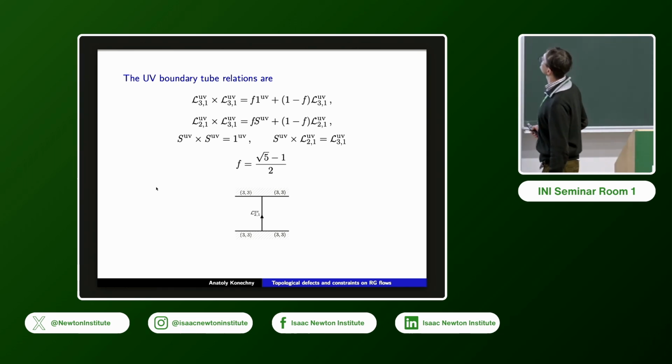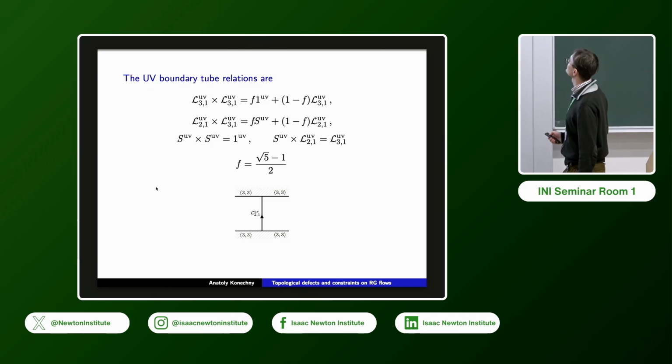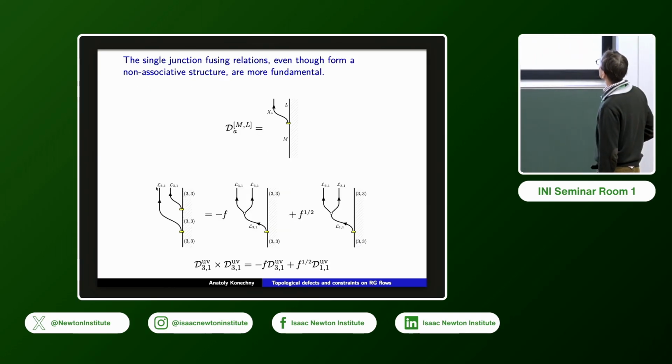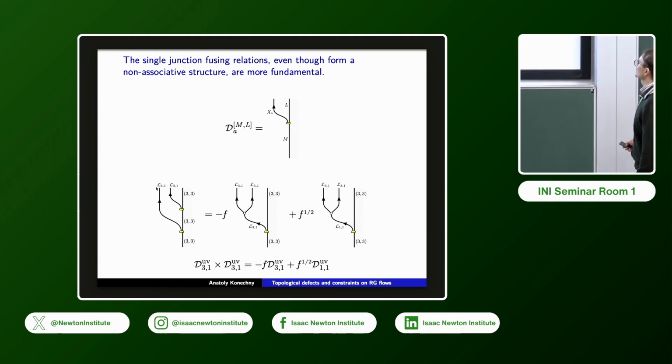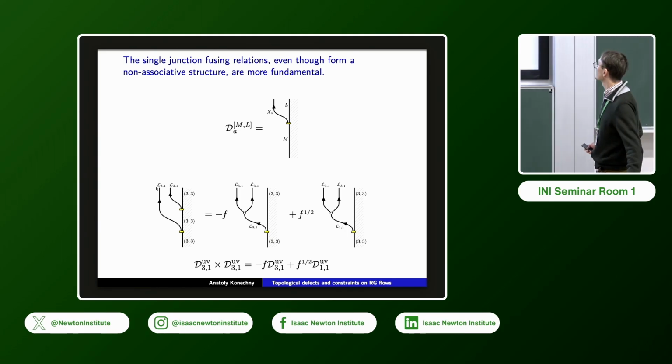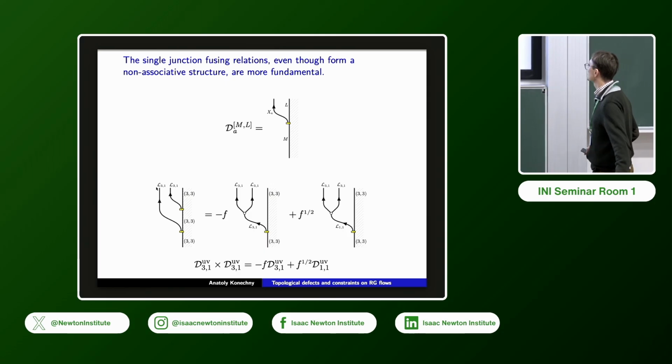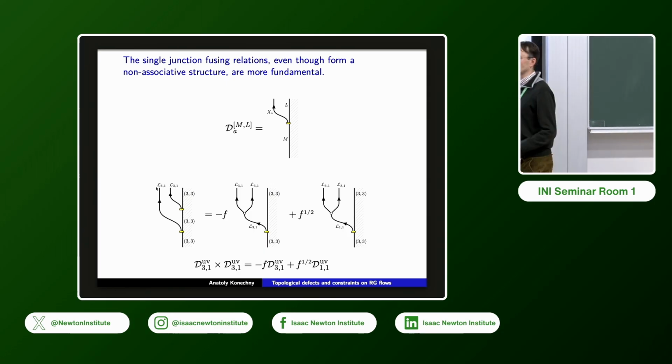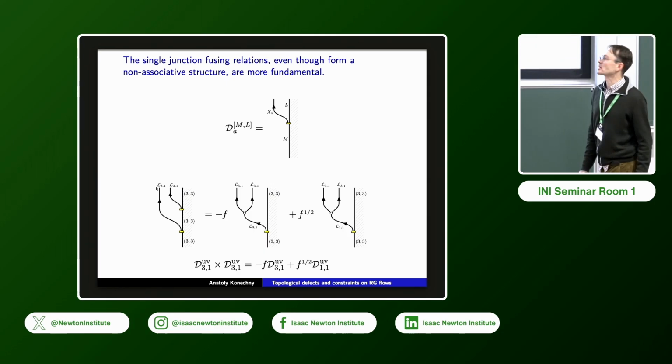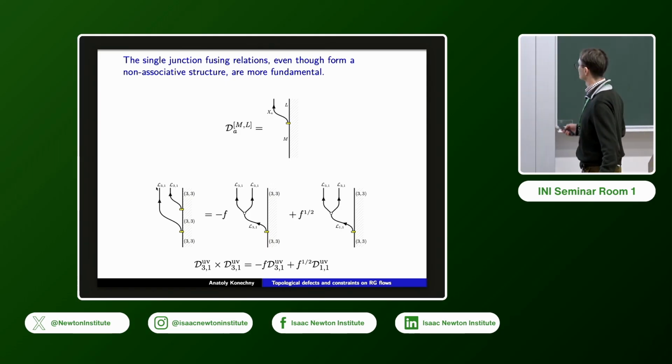So essentially, it's a non-trivial, special kind of deformation. That's what it looks like in the UV. You can also work out how one-end fusions look. They look pretty similar, but one should bear in mind that in principle this is some non-associative structure if you fuse 3 of them.